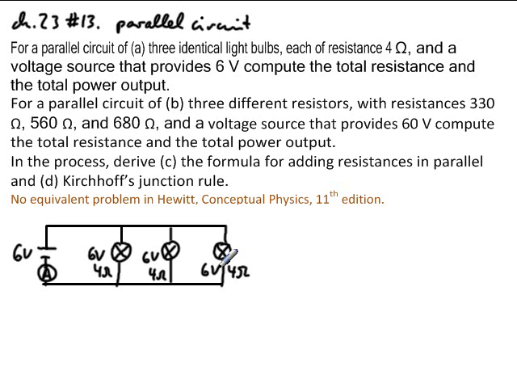Then it's saying the current divides among the parallel branches. Ohm's law applies separately to each branch. At this point we actually don't know what the current is, but we can calculate it in just a moment. What we do know is that the current divides among the parallel branches. So that means that a current is flowing in here.